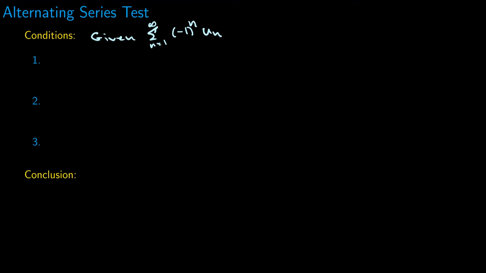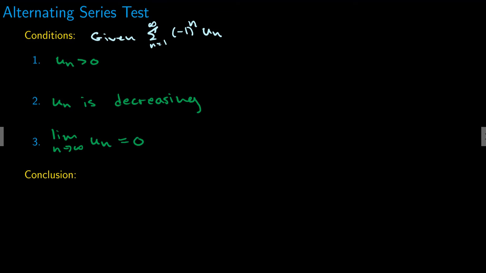They are that u sub n needs to be positive for all values of n, u sub n needs to be decreasing, and if I take the limit as n goes to infinity of u sub n, it has to go to 0.